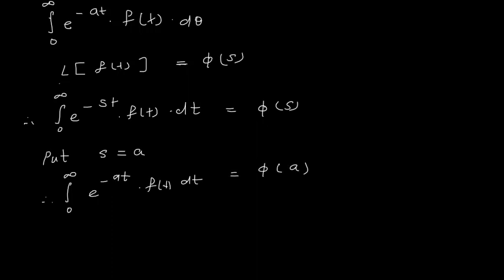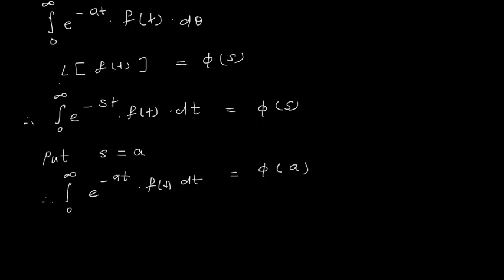Okay. So the whole concept is that when you have to integrate 0 to infinity, first you have to make sure that the integration is of the type 0 to infinity. If it is not of the type 0 to infinity, it can be converted to 0 to infinity.